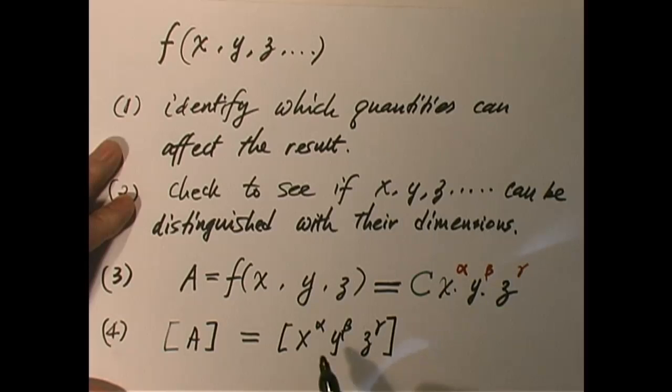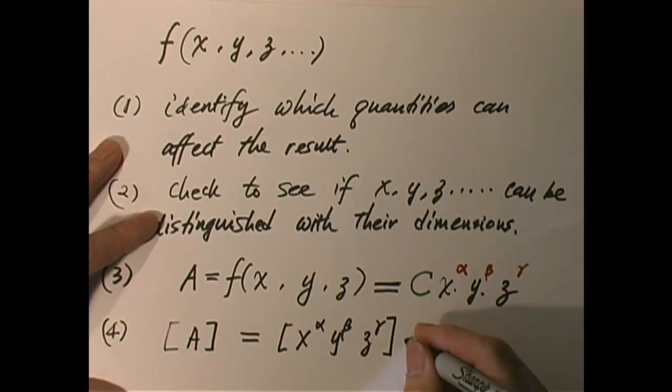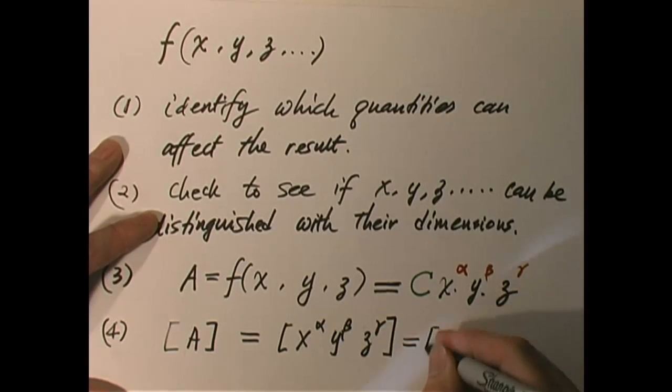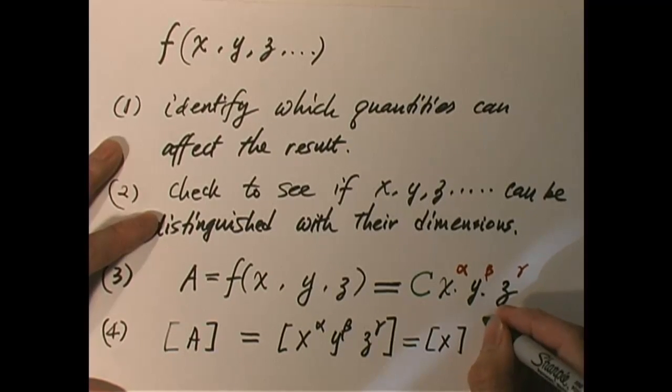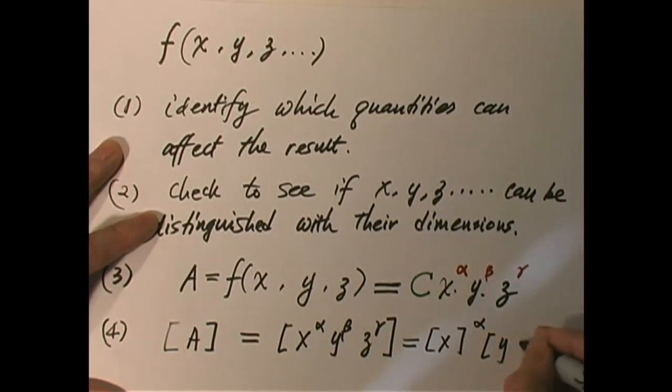Now, of course, if the dimension of x is L, length, and if alpha is 3, then it's L to the power 3. And similarly with y to the power beta, whatever. I can, of course, rewrite this as the dimension of x to the power alpha, the dimension of y to the power beta, and the dimension of z to the power gamma.